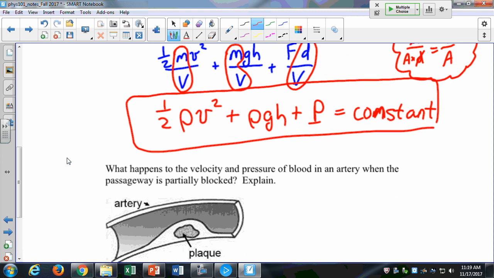If v goes up, and this is sort of counterintuitive, but if v increases, what happens to your pressure? Now think back to the water hose that you're going to squirt your sibling or whoever with. You put your finger over it, that closes the area, makes it go faster. The water coming out, going at a faster rate, does it have more or less pressure than when it was inside the hose?